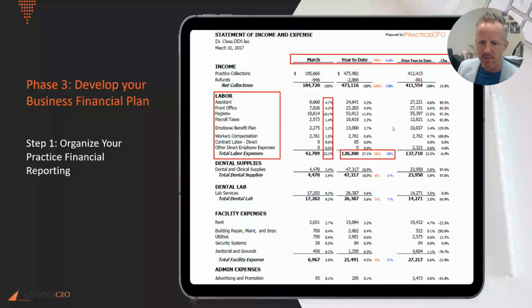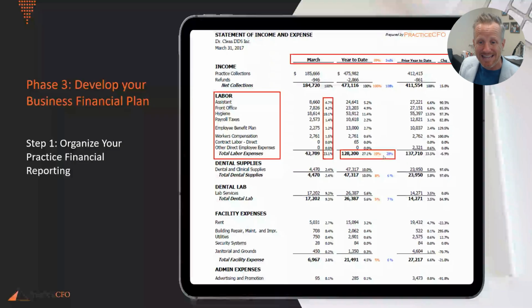And in this case, it's 30%. It's right next to the labor category in the P&L, and it says 30%. And what that means is that 30% of your collections, we are budgeting 30% to go to paying your team, your assistant, your front office, your hygiene, payroll taxes, employee benefit plan, other indirect costs, associates, that kind of thing.